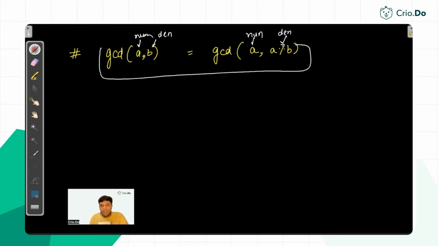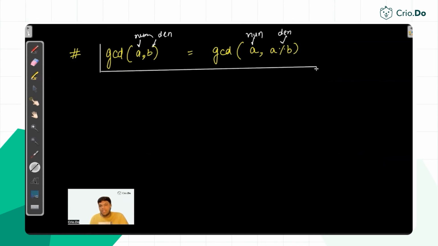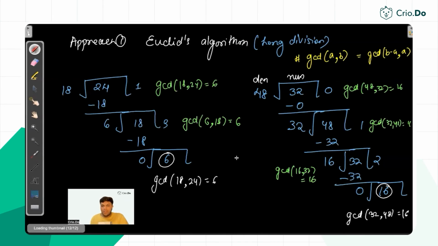So we will be working on this recurrence relation, solving with recursion using this formula. If both A and B are not zero, then we can use this formula. But what will happen if either A or B is zero? If A is zero, it means the division is done. If somehow we reach zero, on either A or B, the division is done.